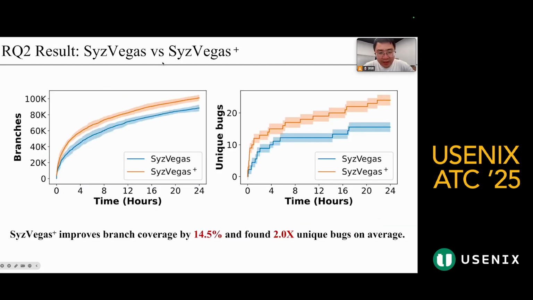For Vegas and Vegas Plus, as we can see, Vegas Plus can improve branch coverage by 14.5% and found 2.0 times unique bugs on average.